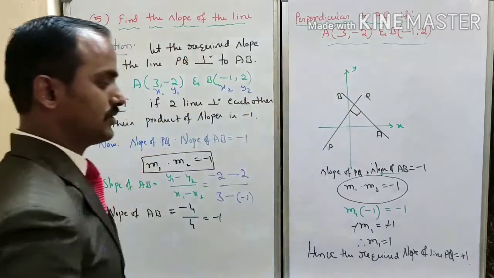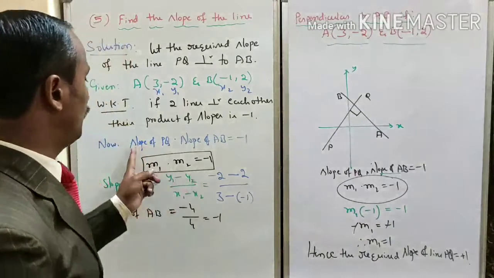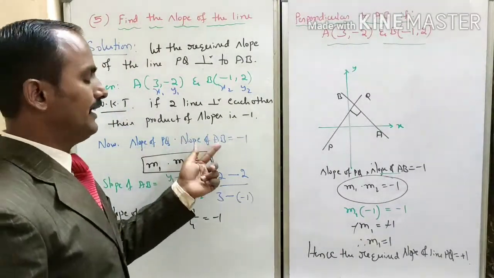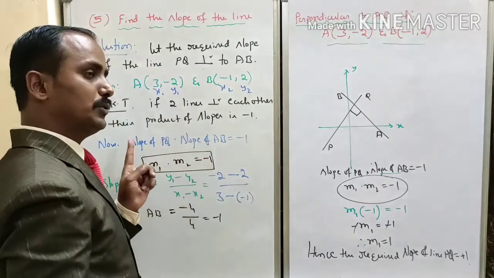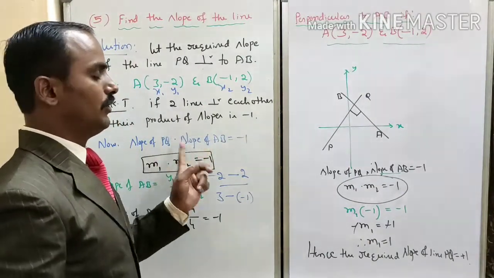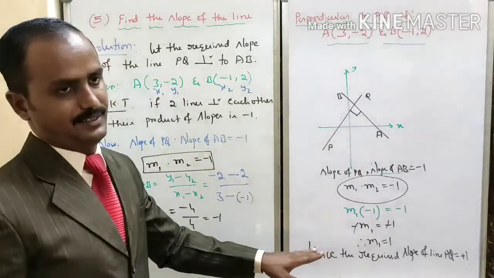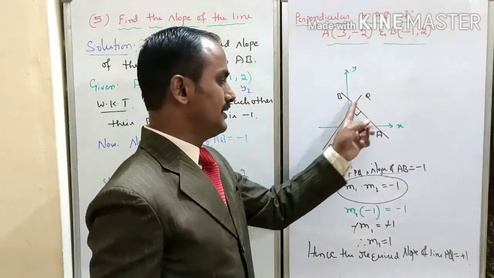Understood? Look here. See, the slope of PQ line is plus 1. Slope of AB line is minus 1. Minus into plus is minus, 1 into 1 is 1. The product is minus 1, coming to each other like this. This is the required slope of the line.